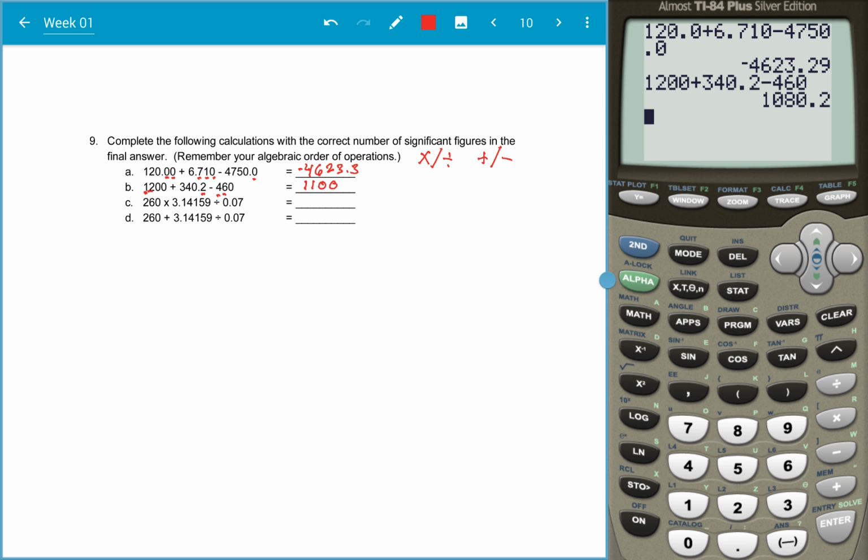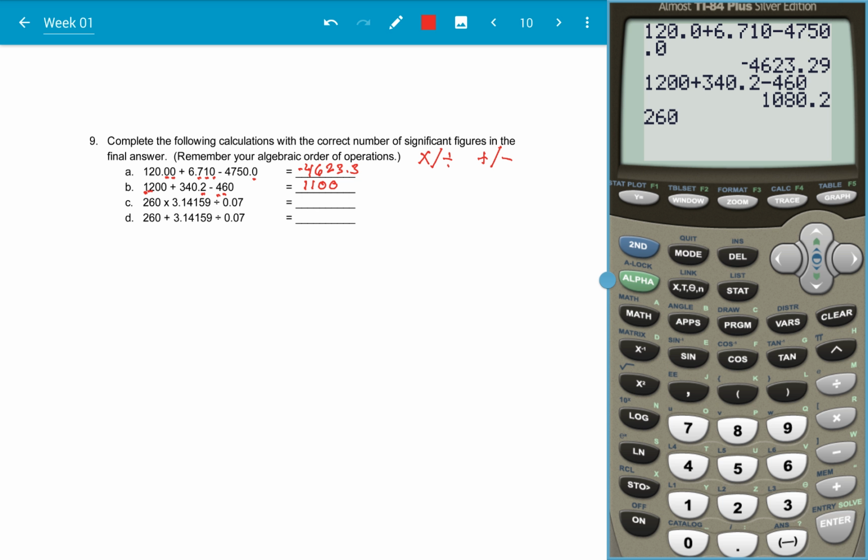Our next one is all multiplication and division. So we can take our 260 times 3.14159 and divide it by 0.07. Now, when I press enter, I get a large number of digits.